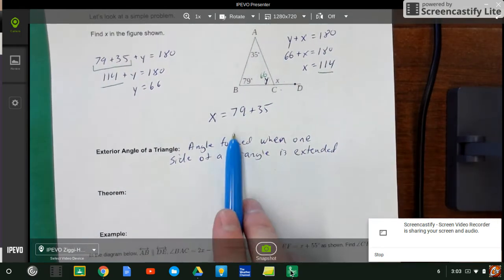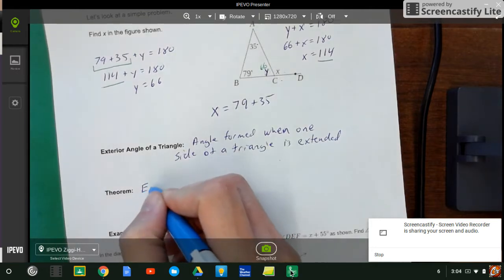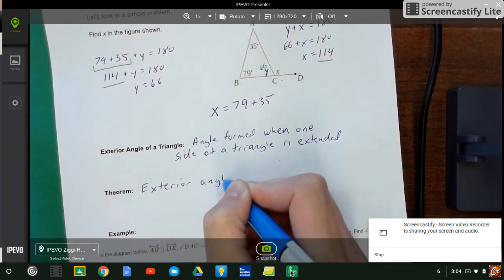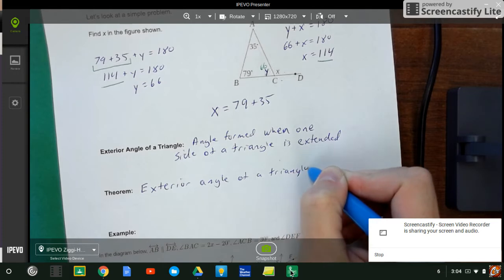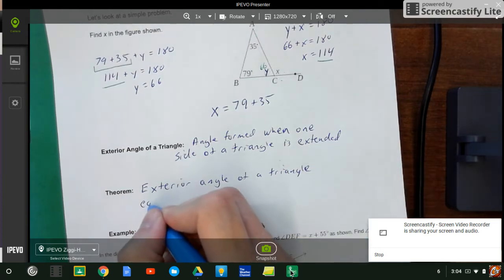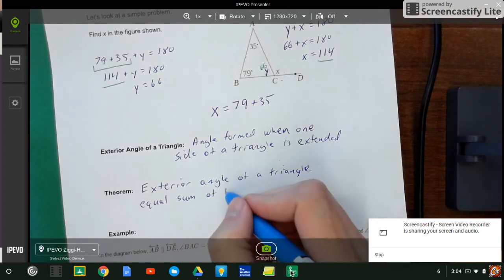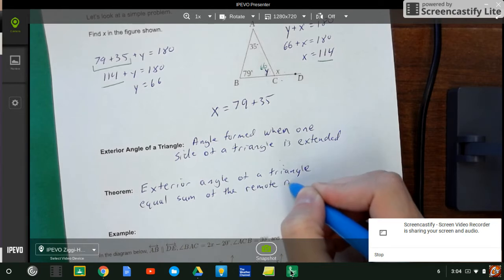Now, the theorem that we just saw in action tells us that the exterior angle of a triangle is going to equal the sum of the remote interior angles.